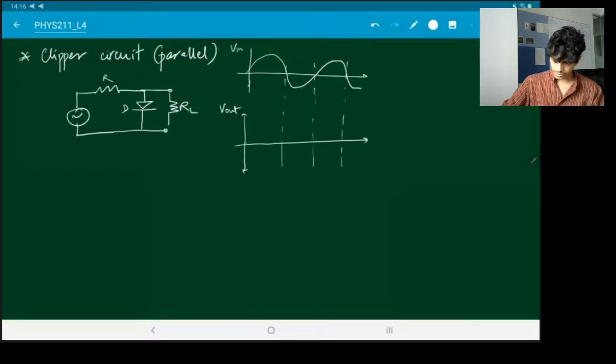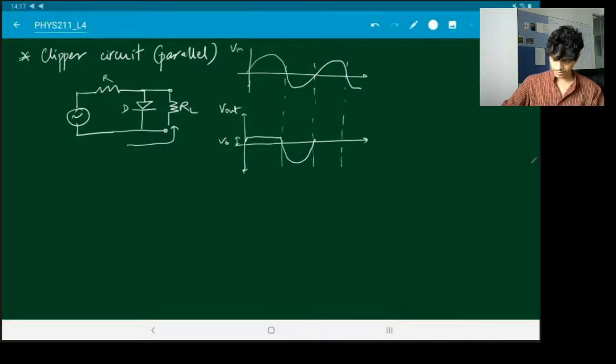So the output is just the barrier potential and nothing else, where this is VB. During the negative half cycle, the diode is in reverse bias, so there is no current passing through the diode. All of the current will flow through the load resistance. So in this case, you get the full output as the input is.